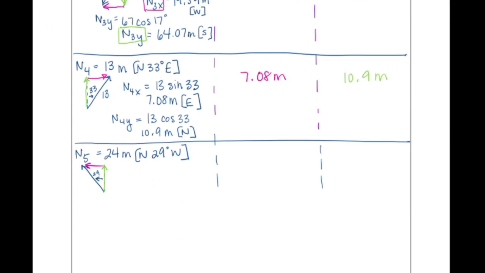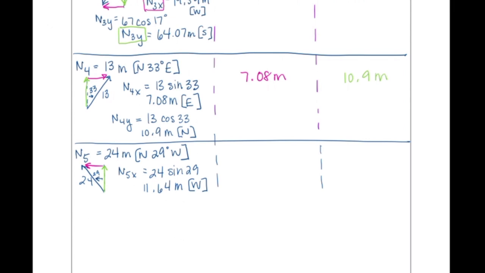Okay, so we're going to have that our N5x is going to be 24 times the sine of our angle, which is 29, and we're going to get 11.64 meters west.